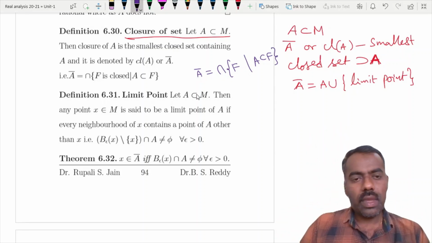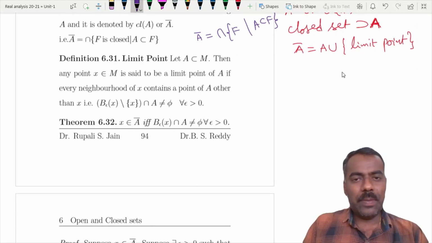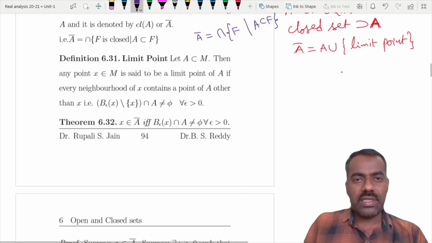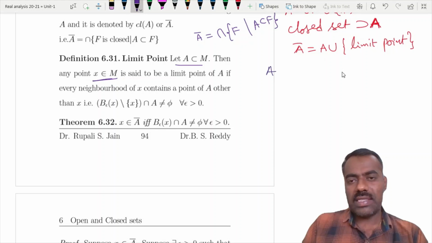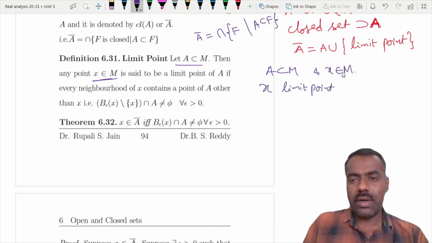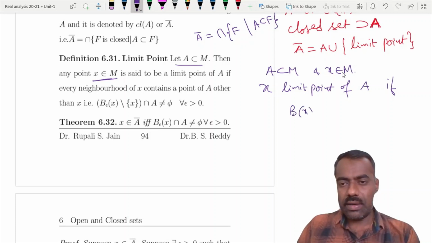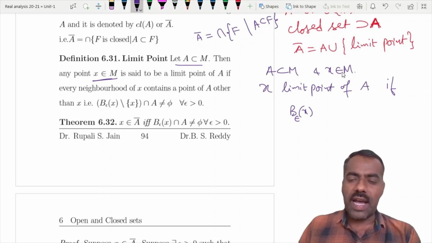Fine. Now we define what is meant by a limit point so that we can relate the closure of a set in terms of limit points. Start with a set A, which is a subset of M, and a point x of M. Then we say that x is a limit point of A if every neighborhood of x, which you can call B(x, epsilon), contains a point of A other than x.